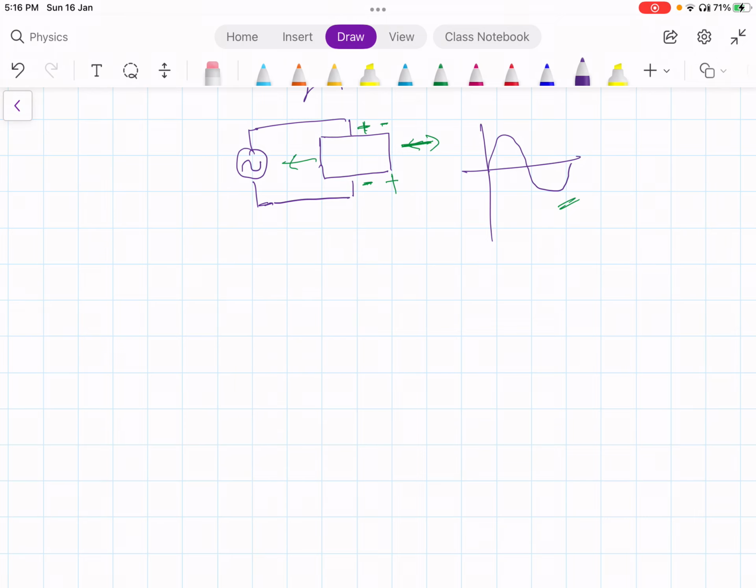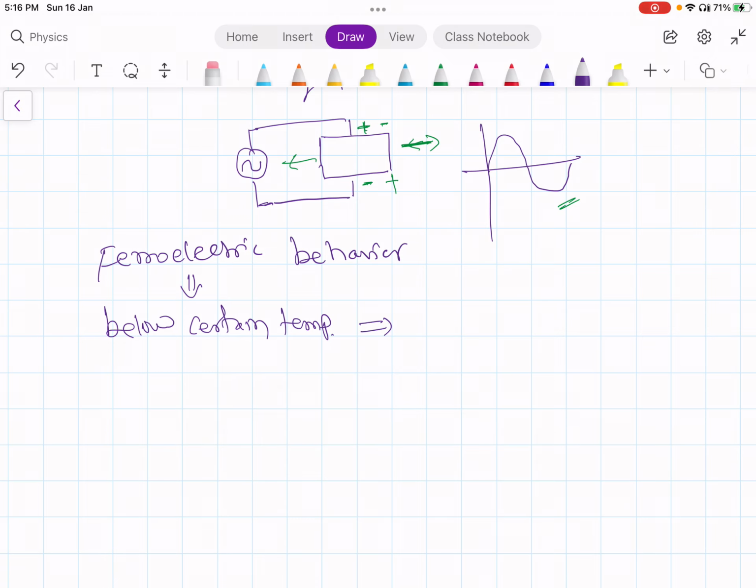Now this ferroelectric behavior of this material is observed below a certain temperature. That temperature is called Curie temperature.